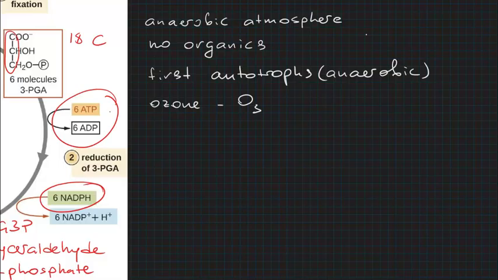Just 3 atoms. So at the very beginning of Earth, did it have ozone layer? No, there's no oxygen. Like there's no way to get it, right? So the Earth, the surface, was exposed to pretty heavy bombardment with UV light.